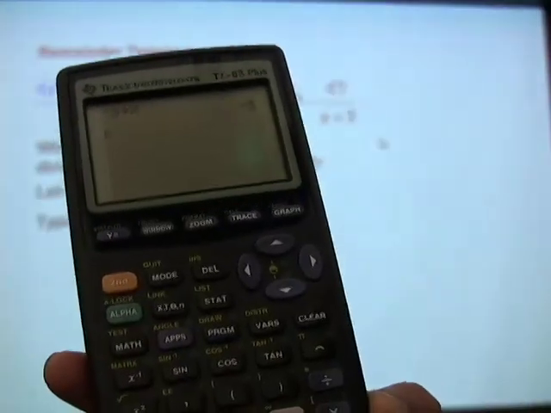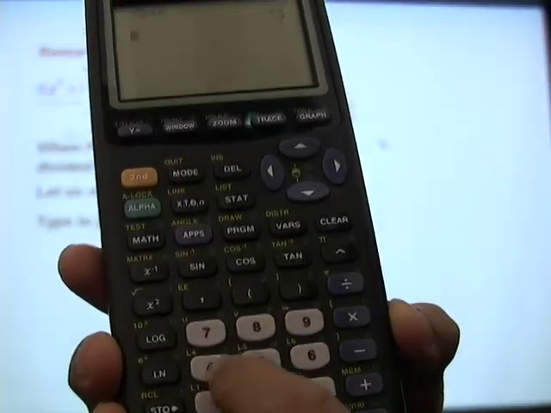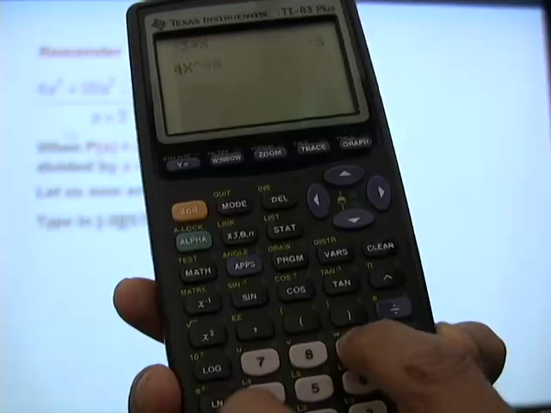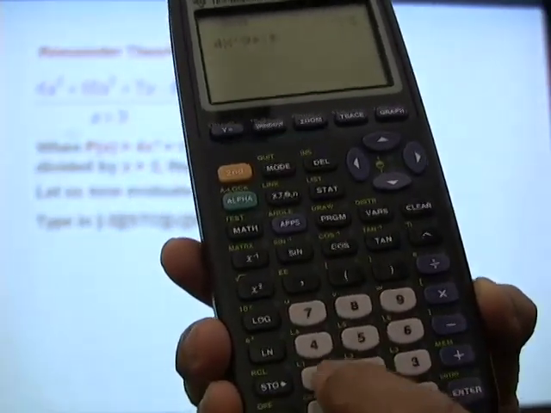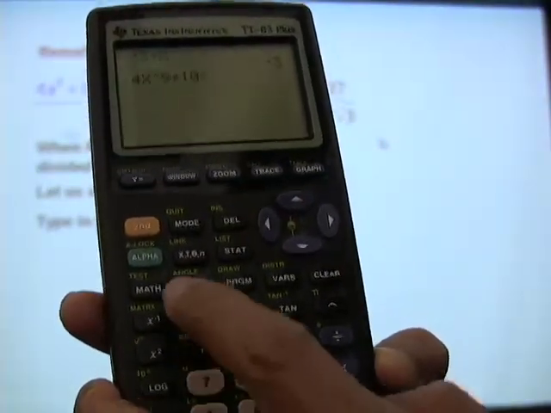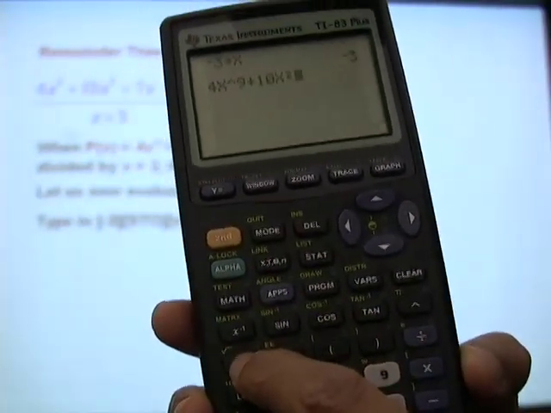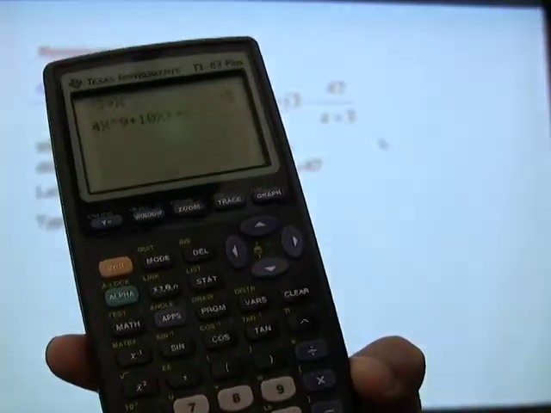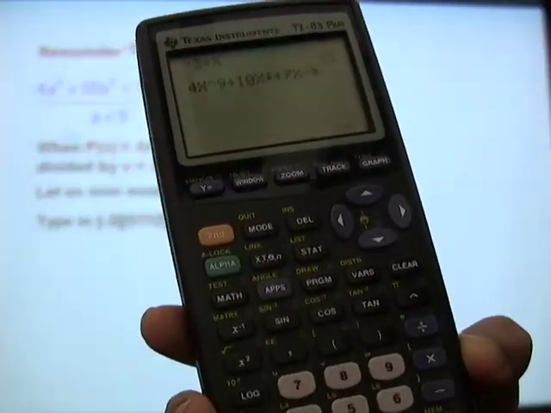Now, watch how I do that, if you can see what I'm doing. 4x cubed, so I'll say 4x to the power of 3 plus 10x squared. The x variable is over there, and you can square a number like this. 10x squared plus 7x minus 8.